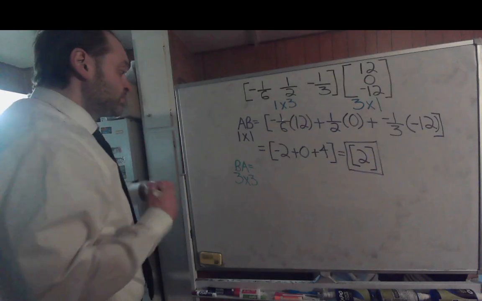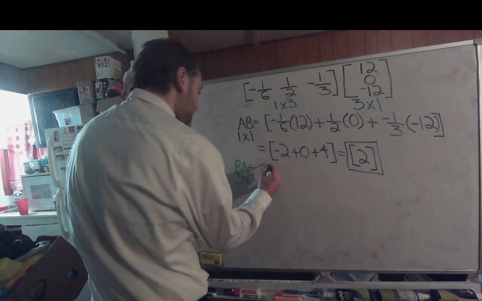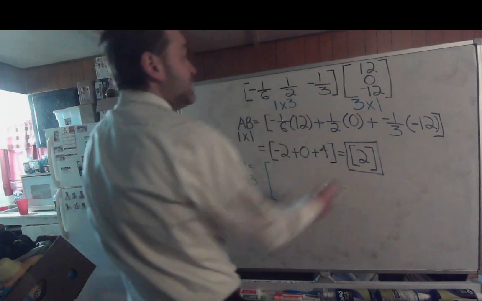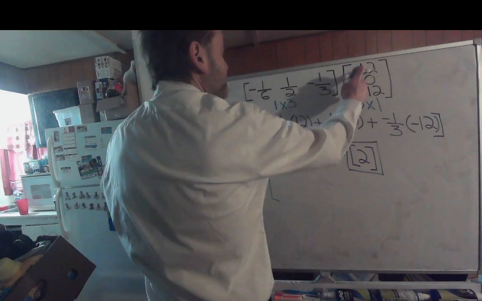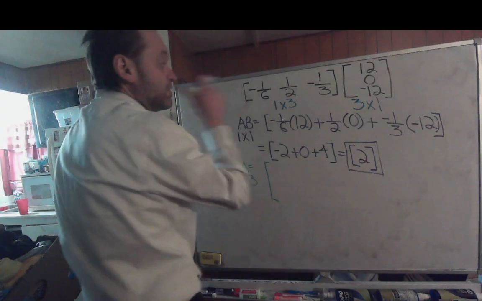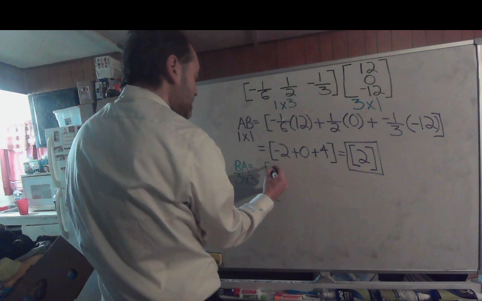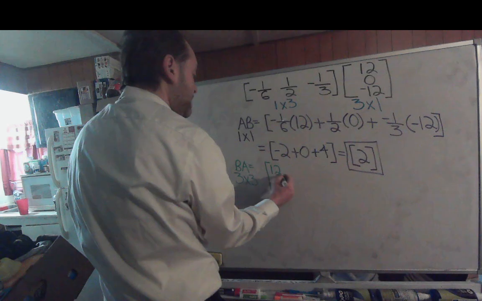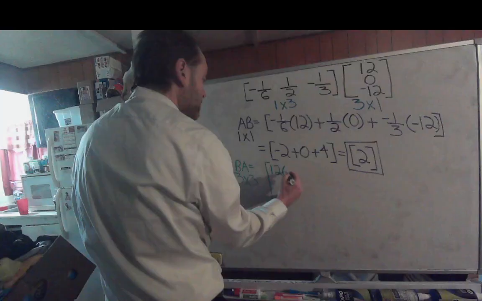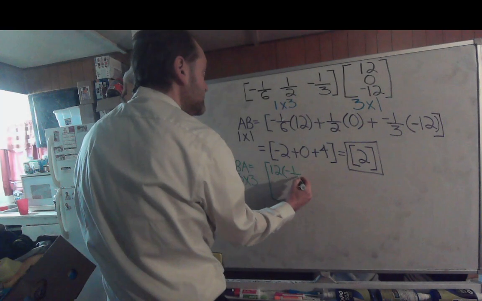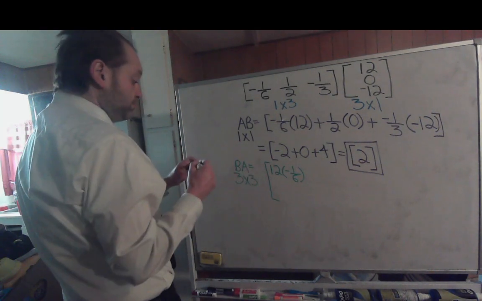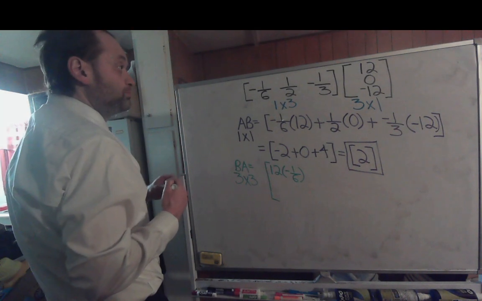So what you're going to do now is you're going to take the first number in the first column here, or in the first row, you're going to multiply it by the first number in the first row here, 12 times negative 1/6. And then that's it for that row.